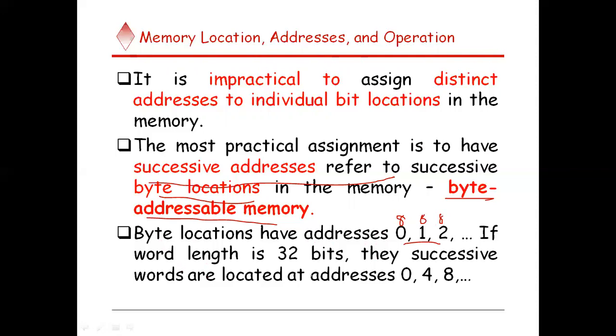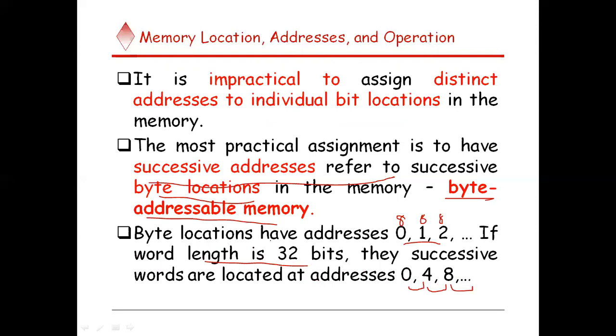And if the word length is 32 bits, successive words are located at addresses 0 to 3, that means the first 4 bytes together represent your first word. Next 4 to 7 represent your second word. Next 8 to 11 represent your third word.